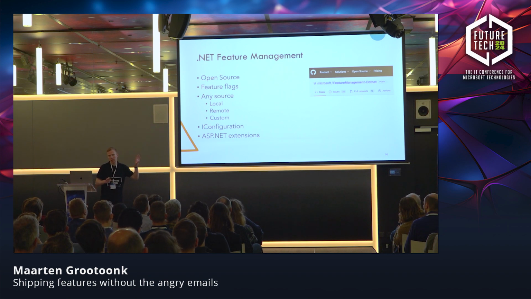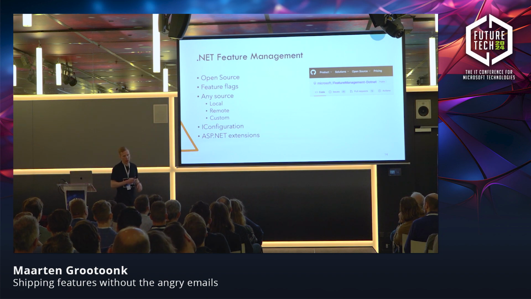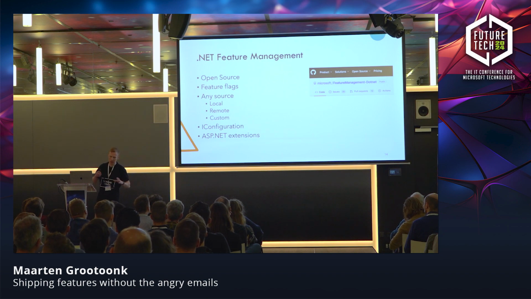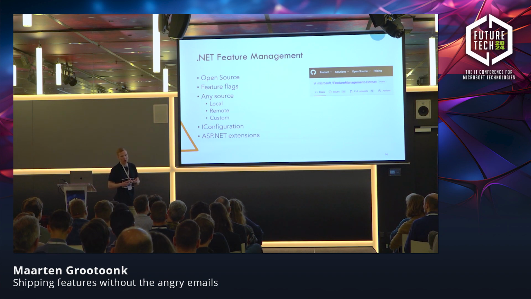A big part of this functionality is the foundation that Microsoft has built, and that's the feature management library. This is a library built in .NET, and it's a library that manages features. So it can be used to have simple on and off features. It can have features that are active in a specific time slot or based on user attributes.